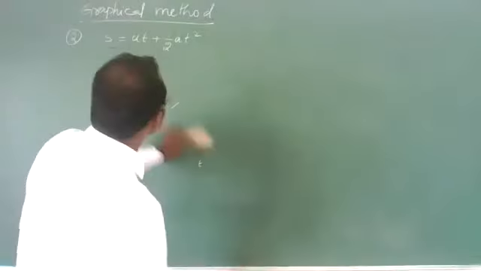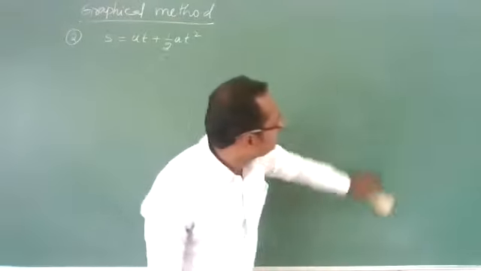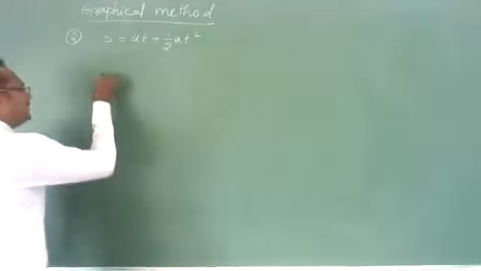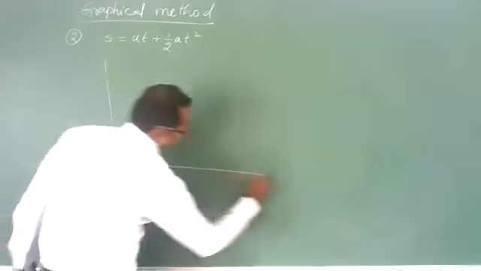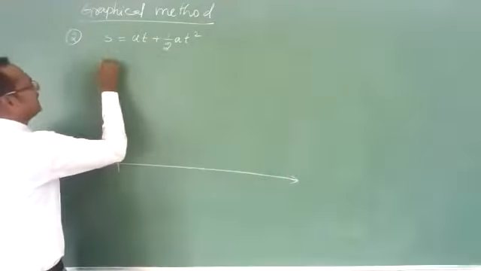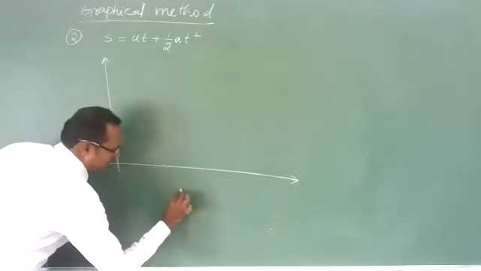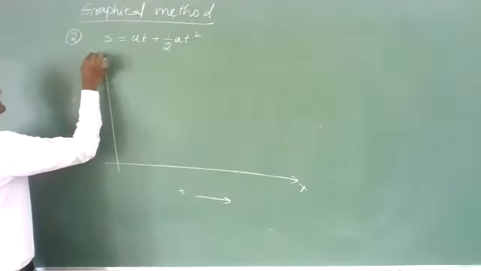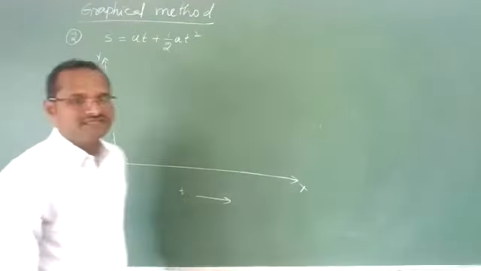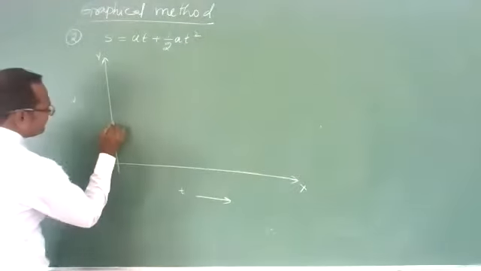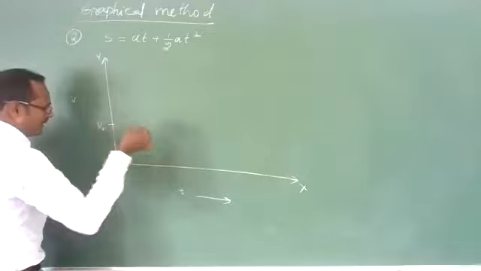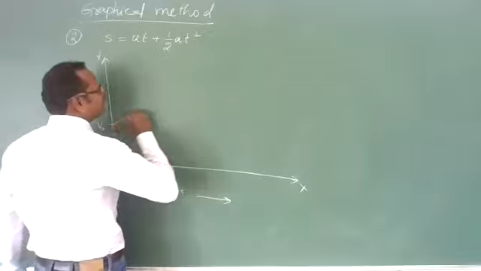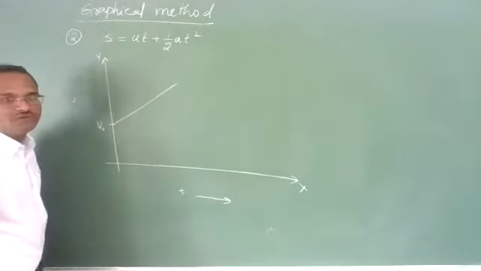Now, again let us say a particle or a vehicle is in motion with a constant acceleration. I am taking time on the x-axis and velocity on the y-axis. Initially the vehicle is in motion with velocity V0, as in your material, and it is going with uniform acceleration, not constant velocity.